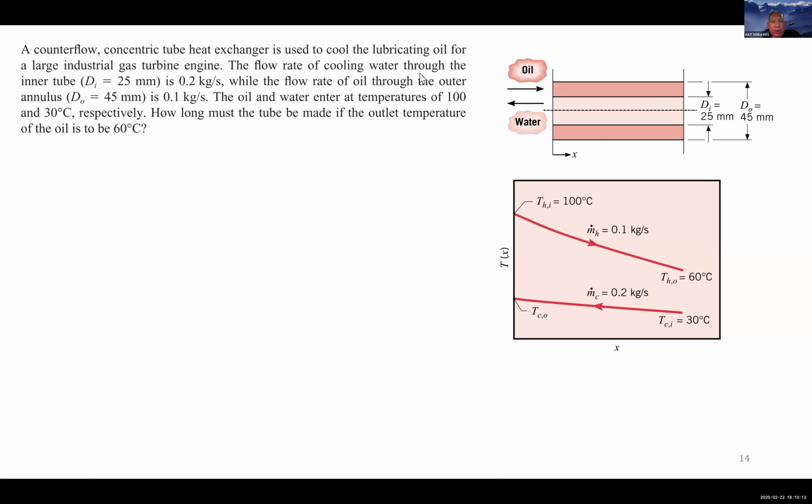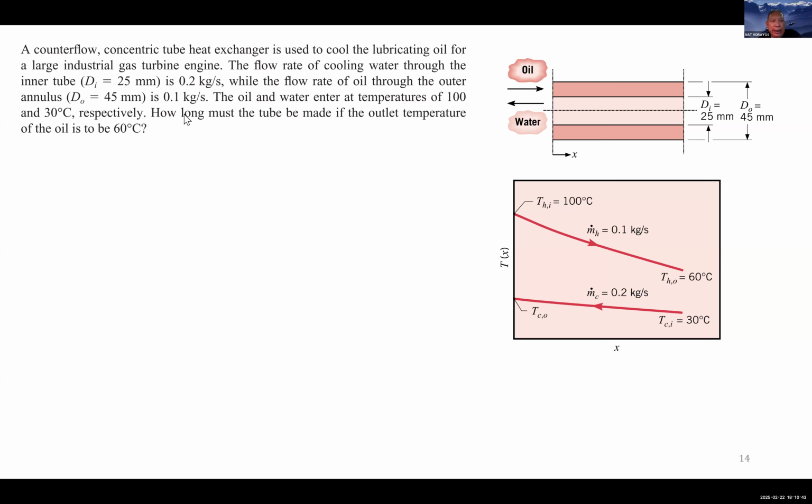Cooling water is used, passing through the inner tube, meaning that it is the concentric tube. You have a big tube in the outer ring, and you have the small tube in the center. You have the bigger tube over the smaller tube, and in the smaller tube you have the cooling water flowing in.